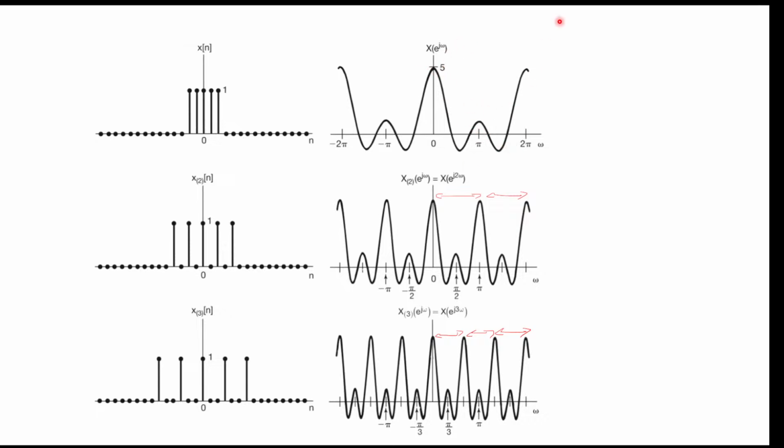Once again, it has period 2 pi, and because there are pi spikes here, it has pi maximum or minimum per period.